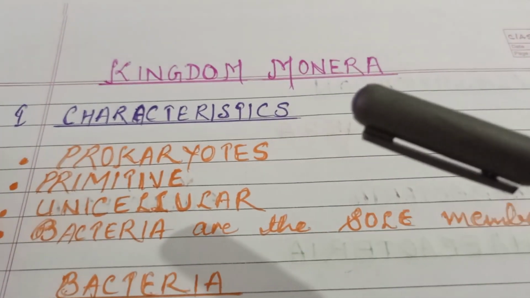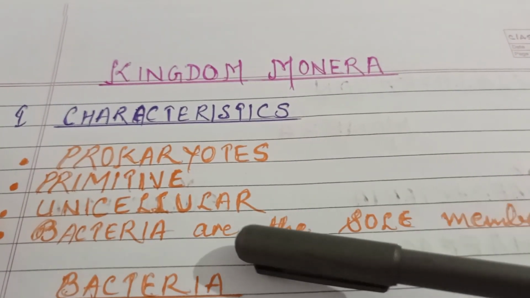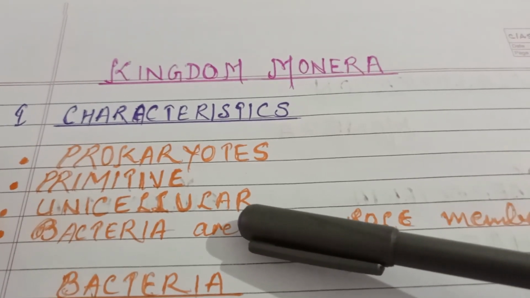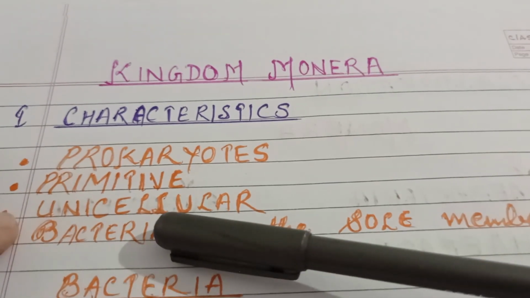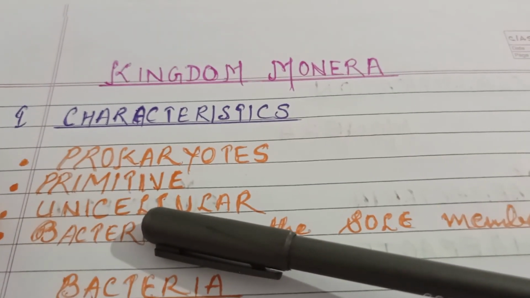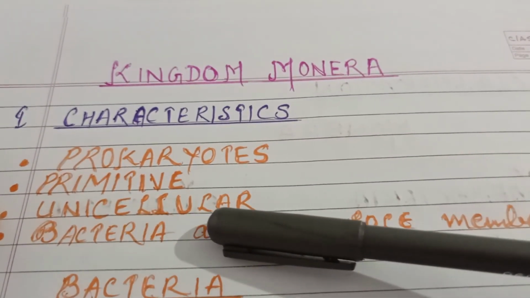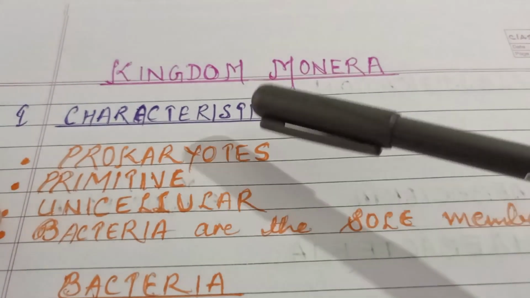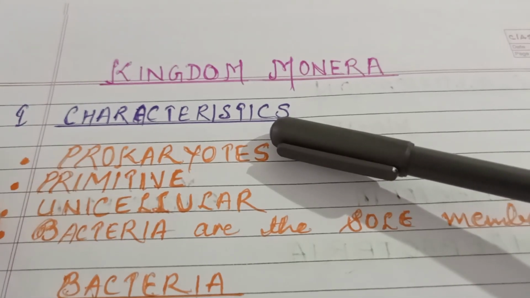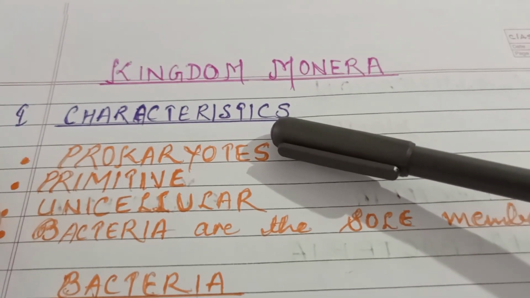Now complexity is there. The very early ones are very simple in nature. So their body organization is very simple. They are made up of only single cells. So they are unicellular in nature. And what simplicity else is there? They are prokaryotes, means they do not have any true nucleus.